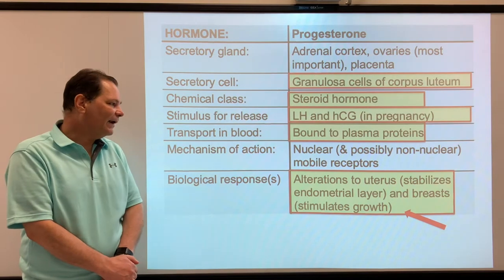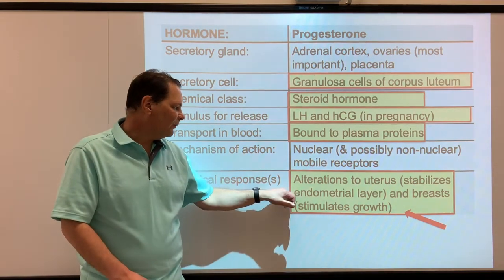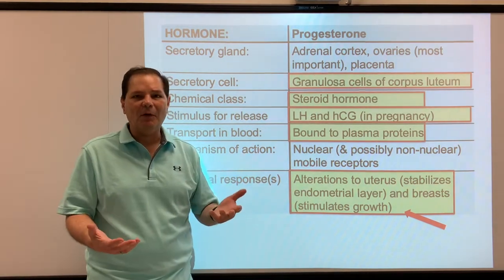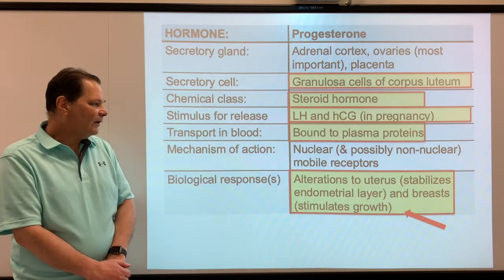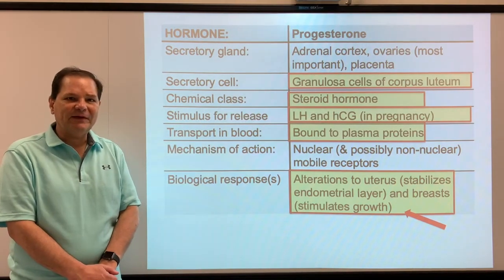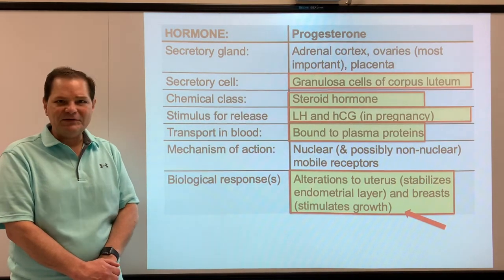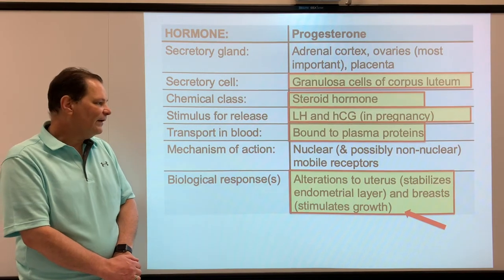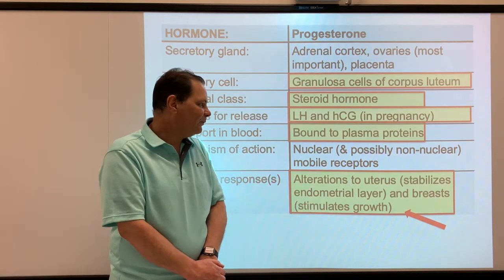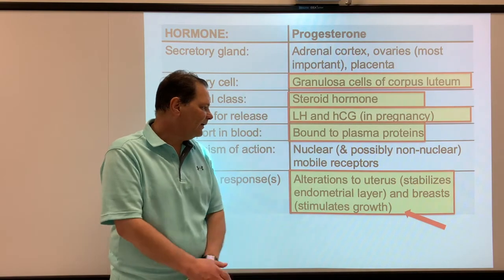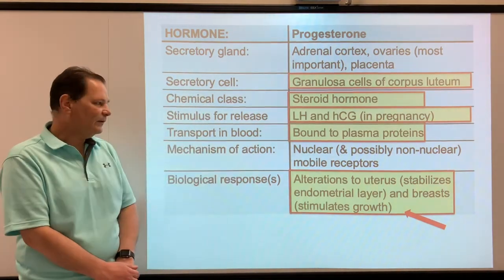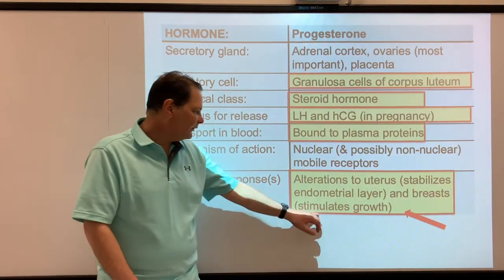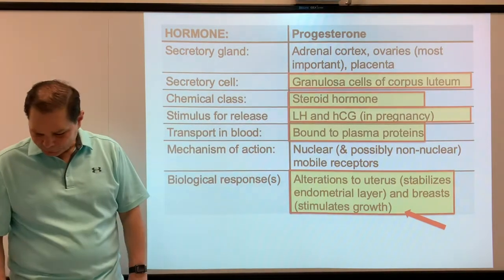So what you're going to find out is that this endometrial layer is built up during the cycle. Progesterone stabilizes it and keeps it stable for implantation, should pregnancy take place, and if it does not take place, progesterone falls and the endometrial layer becomes destabilized and you bleed. It also stimulates the growth of the breasts.